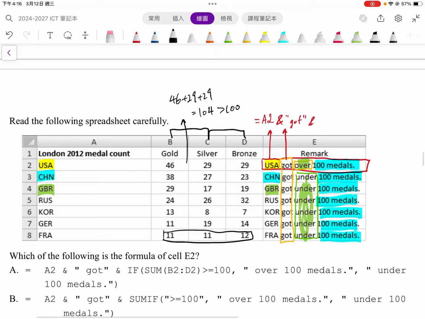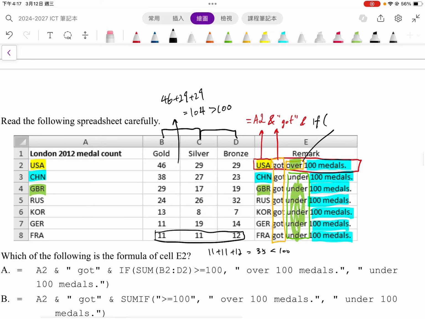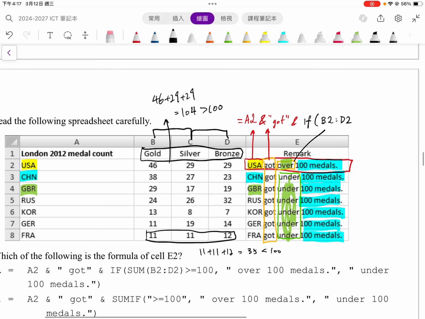But for the last one, for example, France, 11 plus 11 plus 12, which is 35, so you will have less than 100. So for this over or under, this is an IF situation. If the B2 to D2, which are the gold, silver, and bronze, you have the addition of them. Oops, I need to have some space.